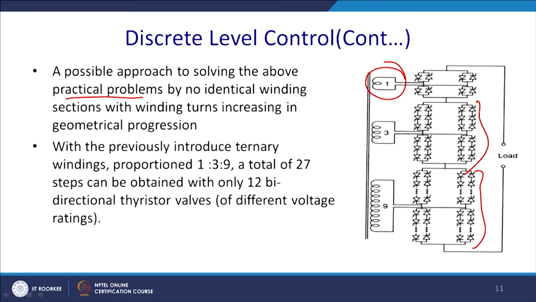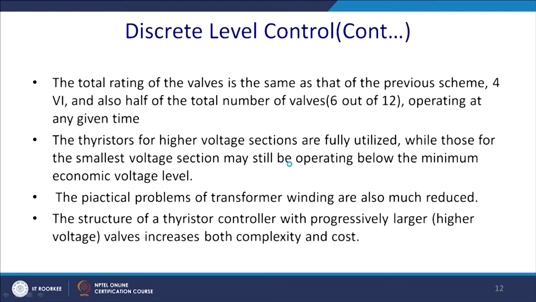So, with the previously introduced ternary winding, in the proportion 1:3:9, a total of 27 steps is obtained with only 12 bidirectional thyristor valves of different voltage ratings. So, this kind of configuration may solve the previously discussed problem.